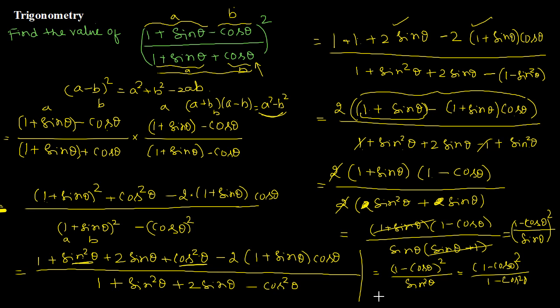This 1 minus cos² θ looks like a² minus b², so I can write it as (1 + cos θ)(1 − cos θ). Here (1 − cos θ)², and 1 minus cos θ cancels with 1 minus cos θ, you will be left with (1 − cos θ) divided by (1 + cos θ). That should be your answer.